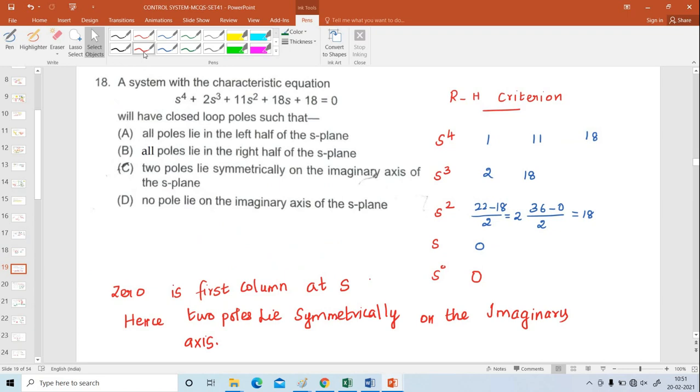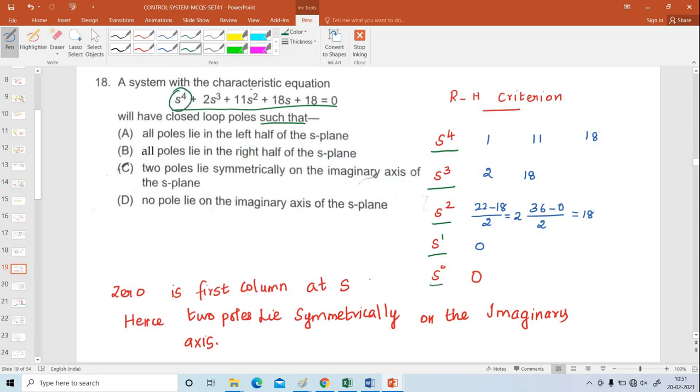A system with characteristic equation s power 4 plus 2s cube plus 11s square plus 18s plus 18 equal to 0, which have closed loop poles such that. Here, whether this characteristic equation is stable or not, that is found out by means of Routh stability criterion or Hurwitz criterion. First write S4, then S cube, S square, S power 1 and S power 0.